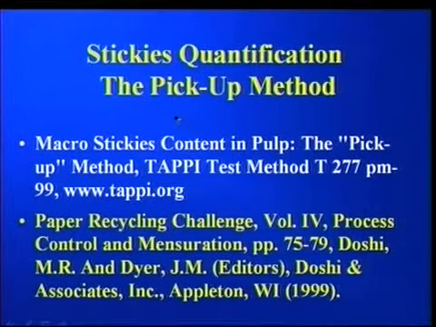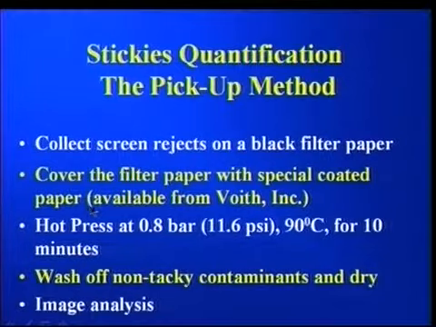The next method is the so-called pickup method, which was developed by Voigt in Germany, and it's currently called the TAPPI test method T277 provisional method. In this method, again you go through the screening process but collect the rejects on a black filter paper.